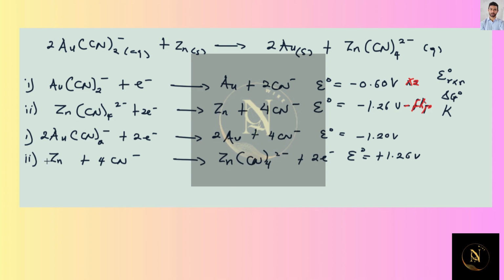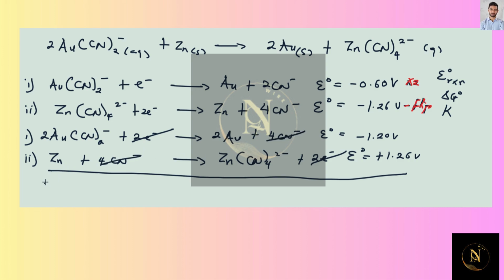Now, we need to add these two equations together. Okay, so when we do that, the 2 electrons cancel, and the 4CN minus cancel.